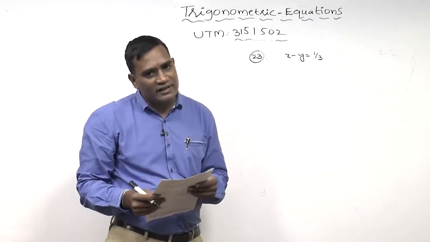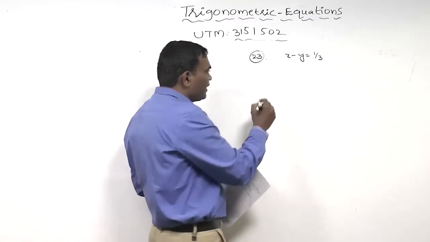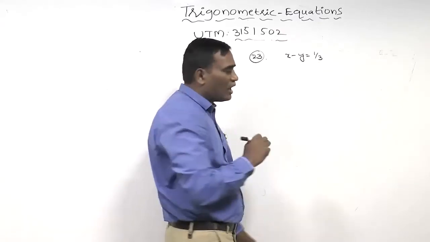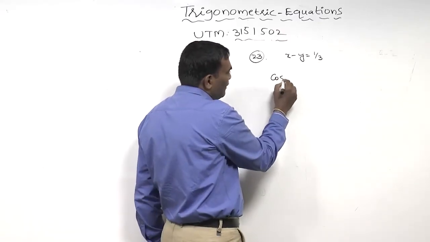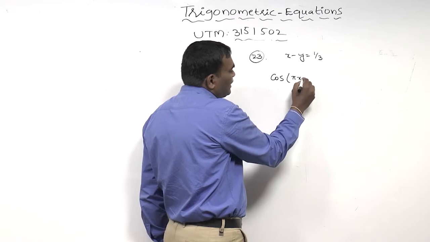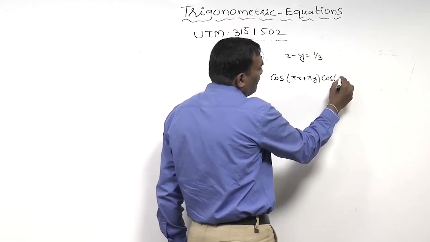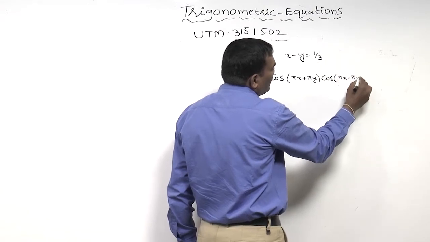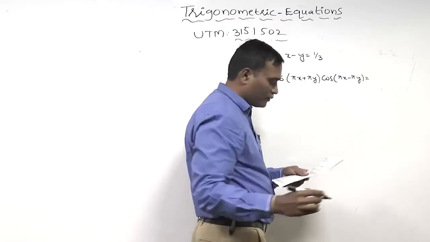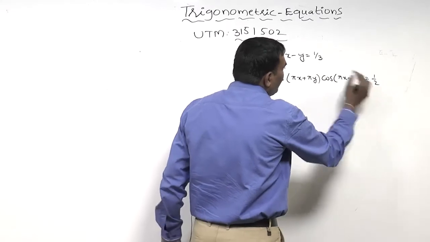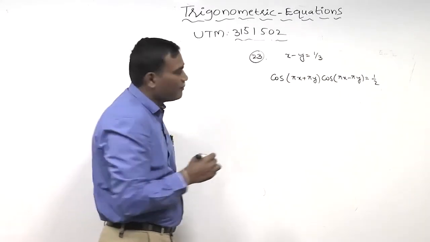Cos square a minus sin square b. What is cos square a minus sin square b? Cos of a plus b into cos of a minus b. That is cos of pi x plus pi y into cos of pi x minus pi y is equal to what? 1 by 2. Here x minus y is equal to 1 by 3 is there.